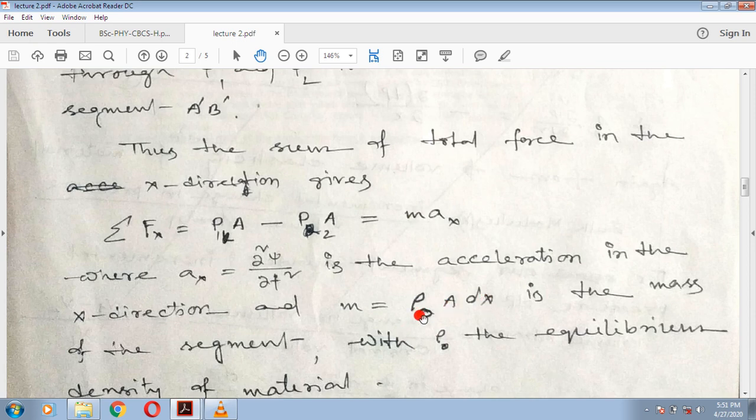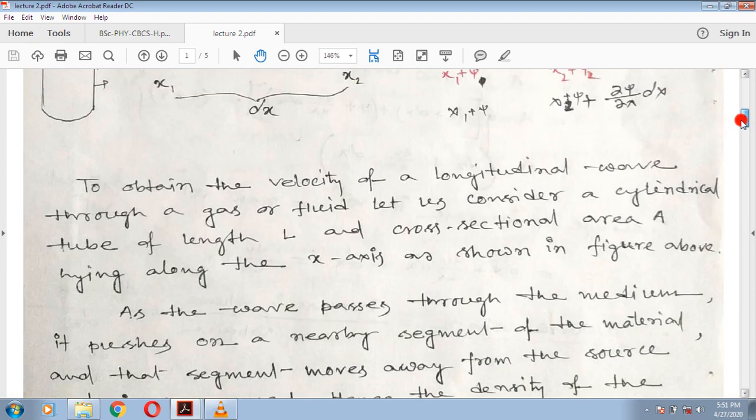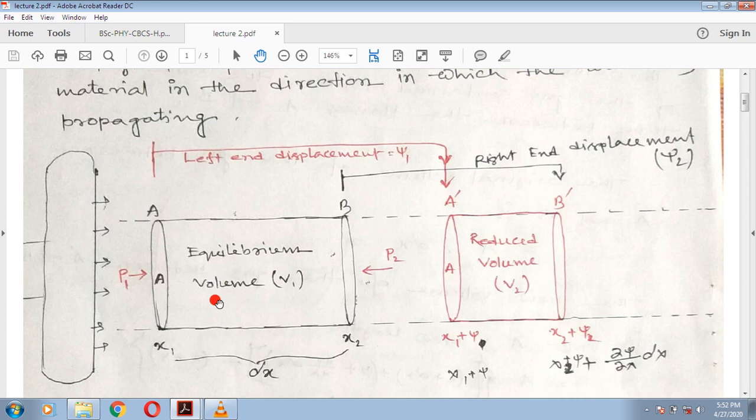Rho naught is the density of the medium, A is the area of cross section, delta x is the length of the segment.